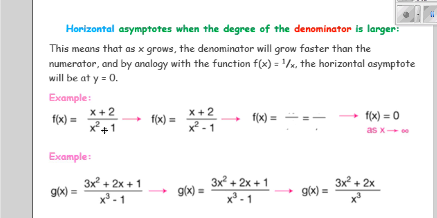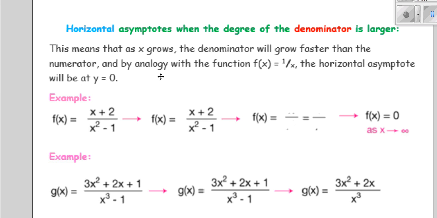Because if you go from plugging in 100 to suddenly plugging in 1,000,000, you'll notice that the denominator has grown much more rapidly than the numerator has. Does that make sense? If you plug in 100 for x, and then compare that to 1,000,000 for x, the denominator has grown much faster than the numerator has.